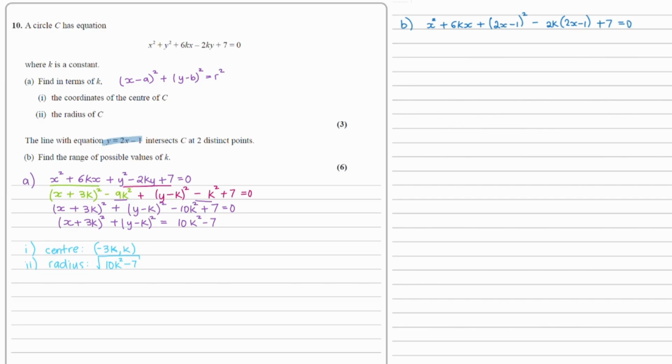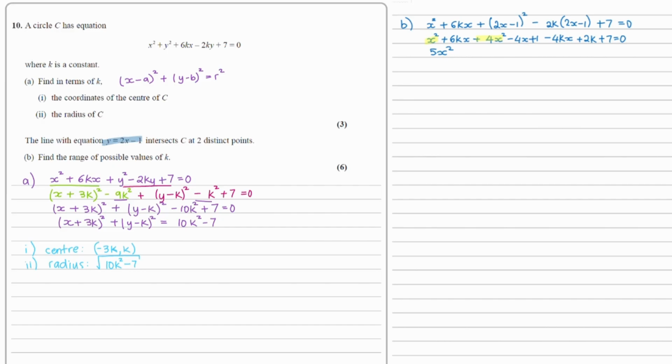So we can expand the bracket and rewrite this as x squared plus 6kx plus 4x squared minus 4x plus 1 minus 4k plus 2k plus 7 is equal to 0. We can then collect the like terms, so x squared plus 4x squared would give us 5x squared.